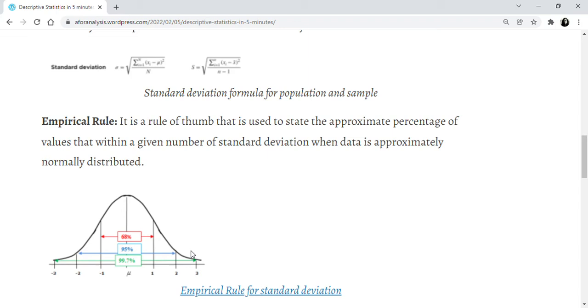So let's look at this graph and try to understand what the empirical rule really means. This is a normally distributed data set, and as you can see, it has mu, or the mean, exactly in the middle. It is a symmetric distribution, and this -1 and +1 are minus one standard deviation and plus one standard deviation.